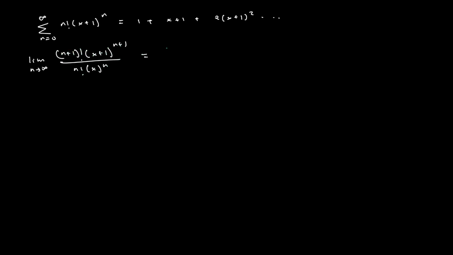That simplifies to the limit as n tends towards infinity of (n plus 1) times (x plus 1). Now, as n tends to a really large value, this essentially goes to infinity, right? Therefore, no matter what x value we have, our limit blows up.